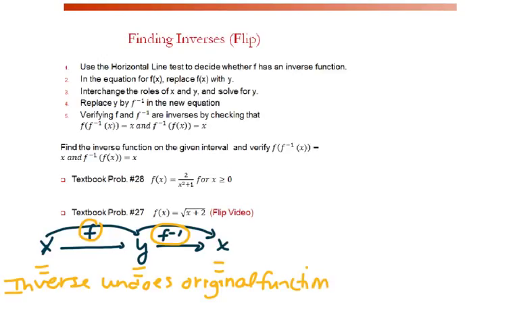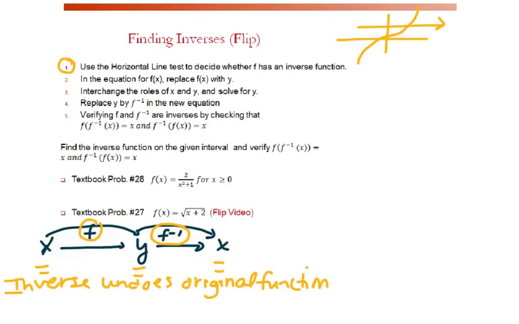Okay, so I put together a simple procedure on how to find it. The very first thing you need to do to find an inverse function is to apply the horizontal line test. So that's step one. Recall the horizontal line test: if you pass a horizontal line through a function and it only strikes exactly one point at any given time, then that function has an inverse.